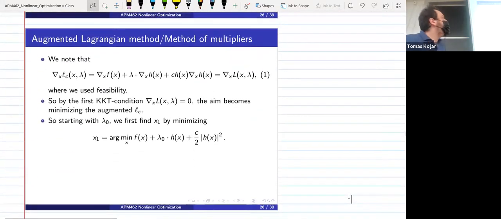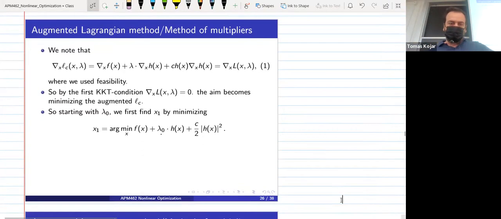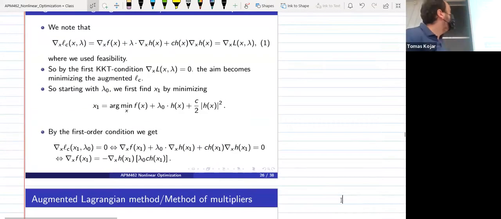If you remember from the Lagrange multiplier theorem, you fix your lambda, and then you want to minimize the Lagrangian. So you minimize it, that's what we mean by arg min.